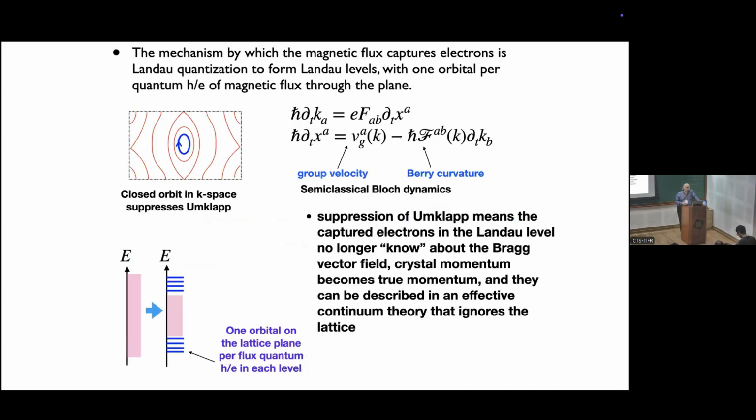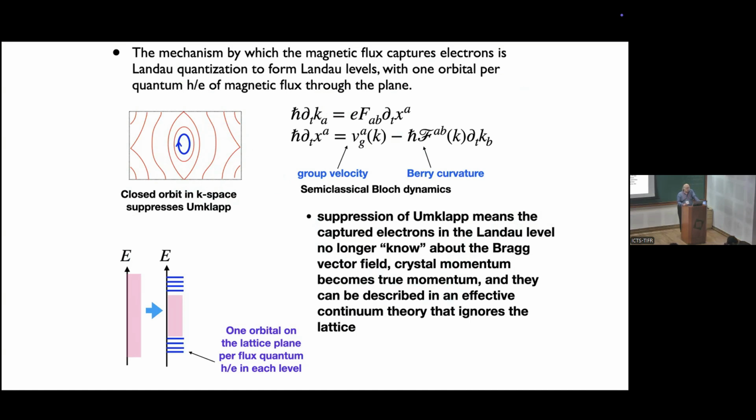Okay, and the mechanism for capture is Landau quantization. Landau quantization has the effect of removing umklapp processes. If the electrons are Landau quantized, they're in energy levels which correspond to closed orbits in k-space. Since they go around in an orbit around a fixed point, the momentum doesn't change, and umklapp processes are suppressed.